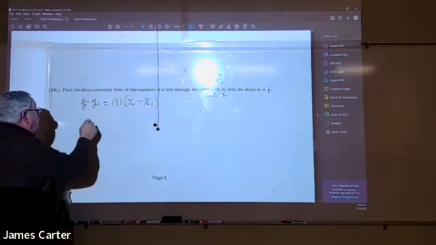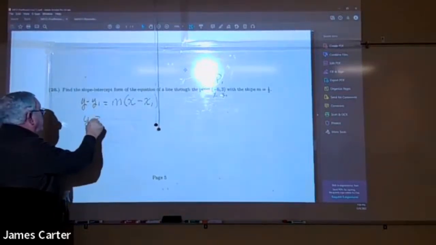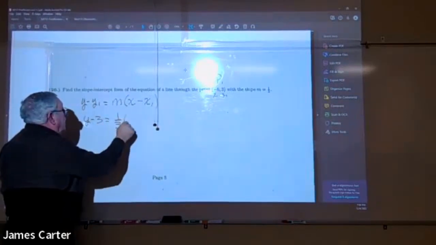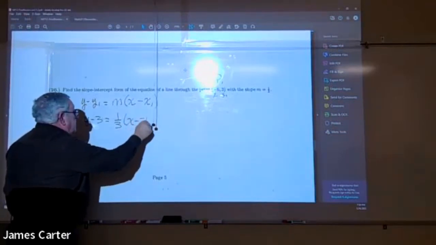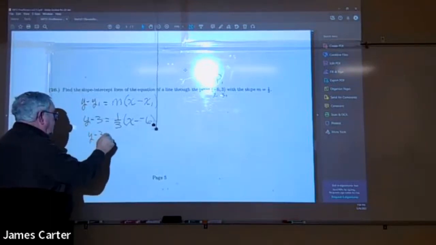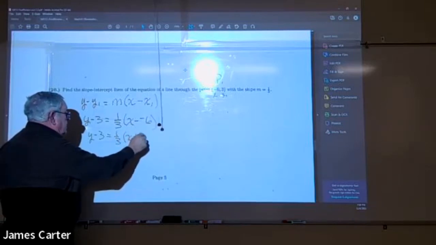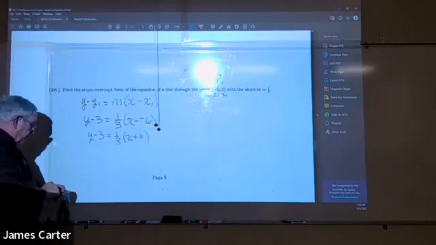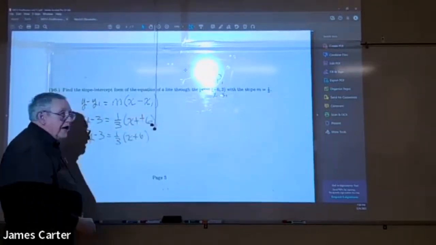And we've got the slope over there. So we've got y minus 3 equals the slope 1/3 times (x minus -6). y minus 3 equals 1/3 times (x plus 6). Just cleaning it up a little bit. Very frankly, if you were doing this on your own paper, I wouldn't care if you just did that instead.